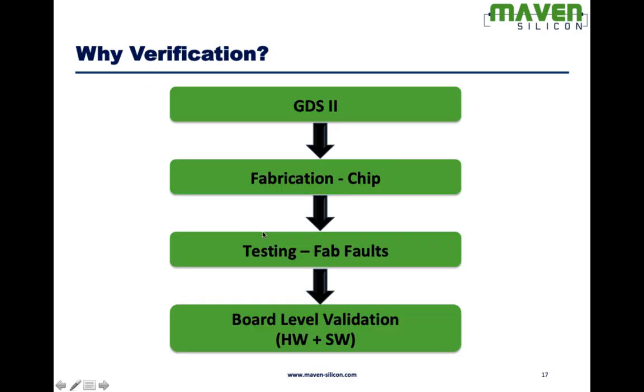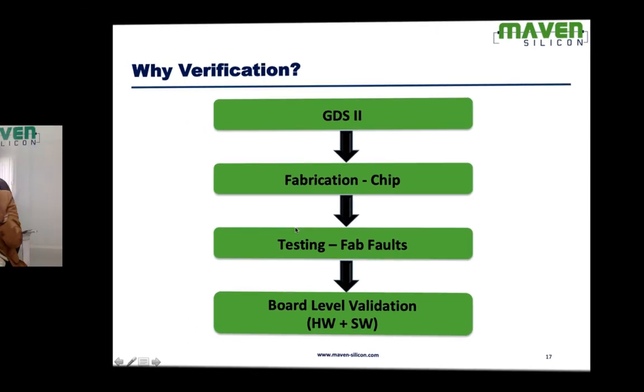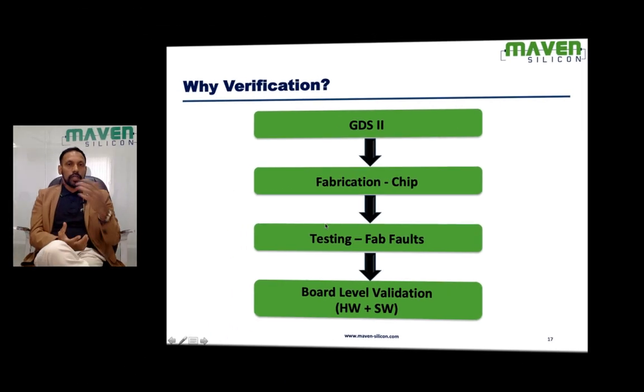The GDS2 goes to the foundry. The foundry fabricates the chip. Once we get the chip, we take the chip through testing. This is where we inject the stream of bits and check whether there are any fabrication faults within the chip. There could be different faults like stuck at 0, stuck at 1, short circuits, or open connections.